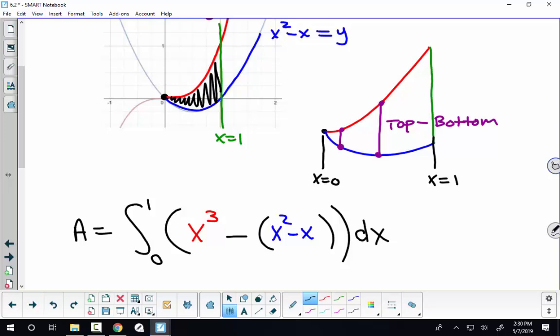Are there any questions on that setup? Does that make sense? Another thing that you have to consider is, if I fill this region, that's why it's good to visualize these regions. If I fill this region up with all of these rectangles, does the top minus the bottom ever change?